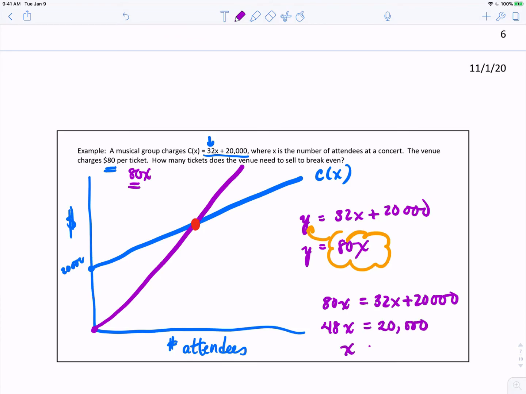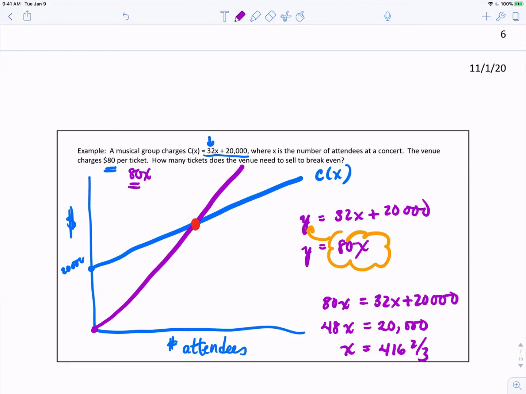And dividing both sides by 48, let's try that again, 20,000 divided by 48 gives us 416 2/3.